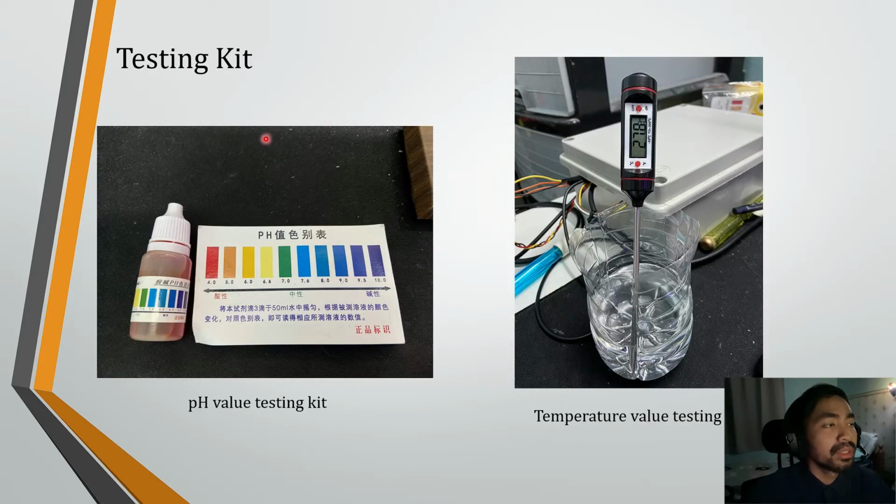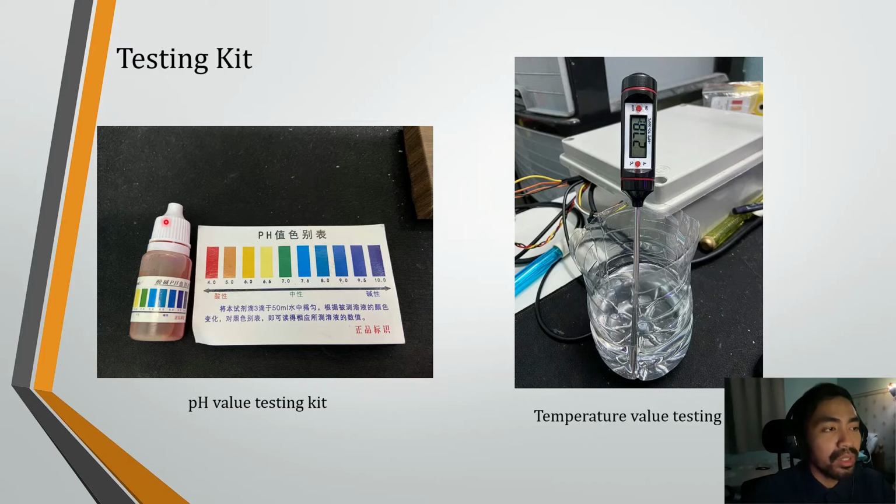Okay, this is the testing kit. This testing kit is for reference and to compare the output with my sensor. To use the pH testing kit, we need at least 5 mm of liquid solution. Like previously, I used 3 types: soapy water, vinegar, and plain water.